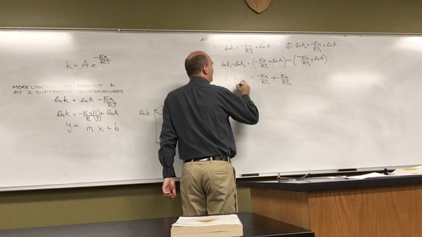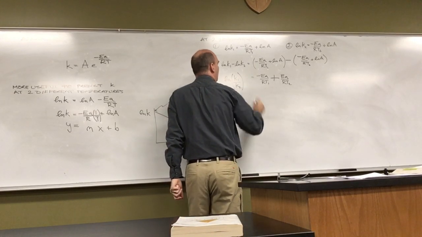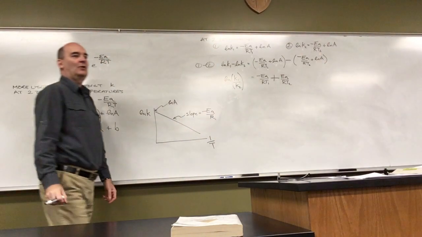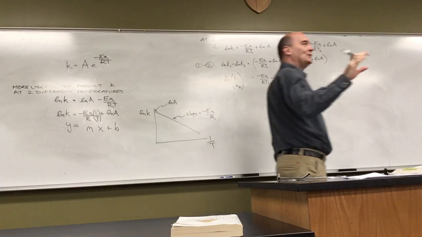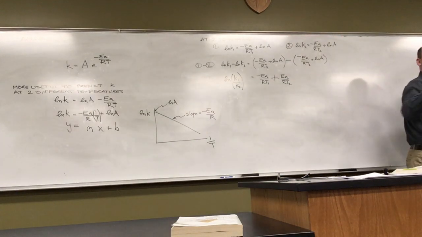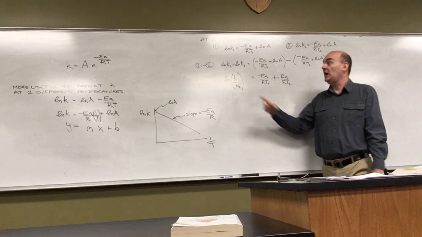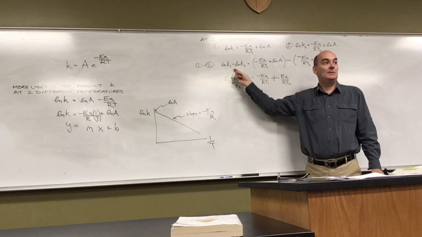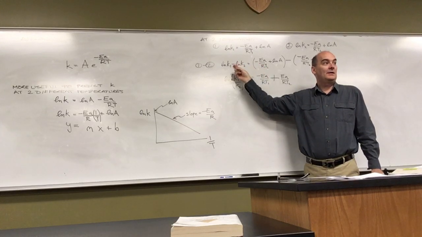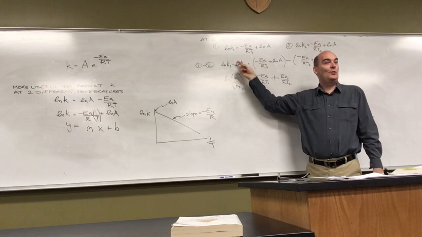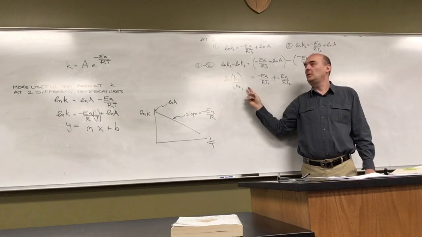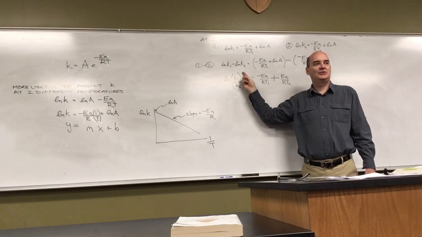The natural log of k1 minus the natural log of k2 is now equal to the natural log of the ratio of k1 to k2, which is a beautiful thing. Because I have just changed your world from having to know what these two numbers are. Under this line, you had to know what ln of k1 is so that you could subtract ln of k2 from it. You don't need to know now. All you need to know is what the relationship is.